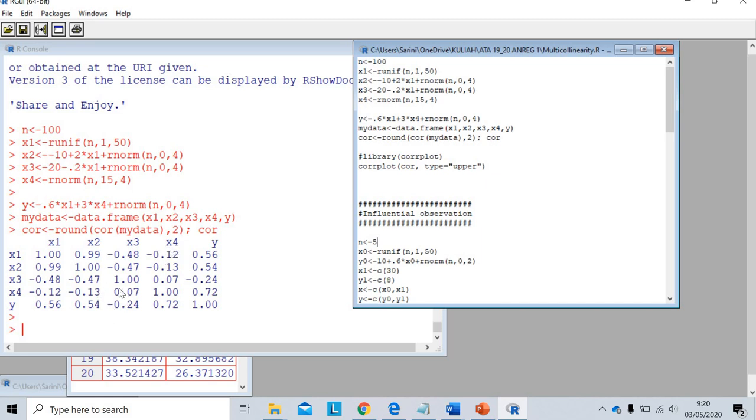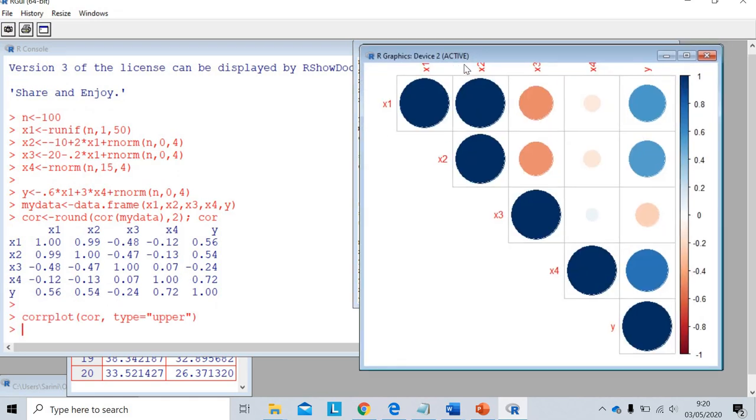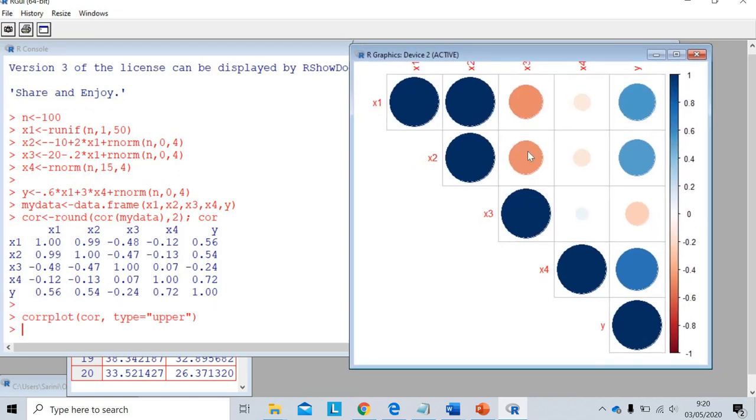It's still feasible for us to have this kind of correlation matrix, but it would be nice if we can get a visualization. Usually we get much quicker information from the visualization.